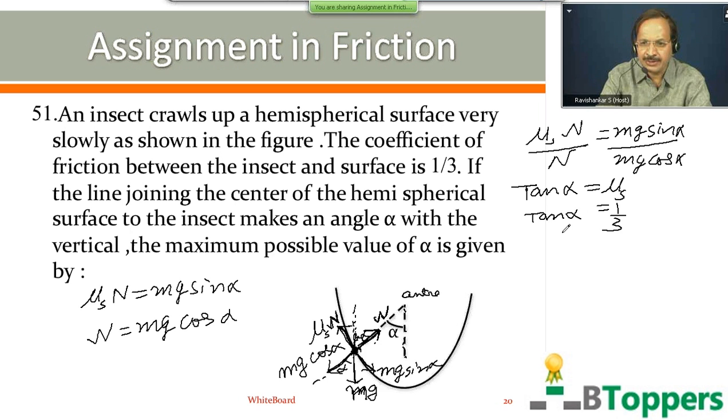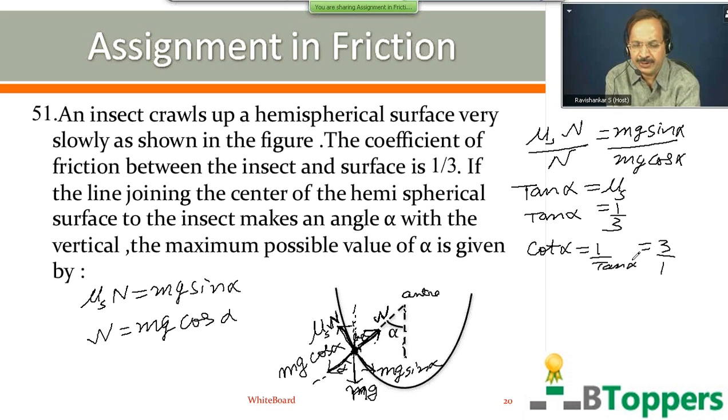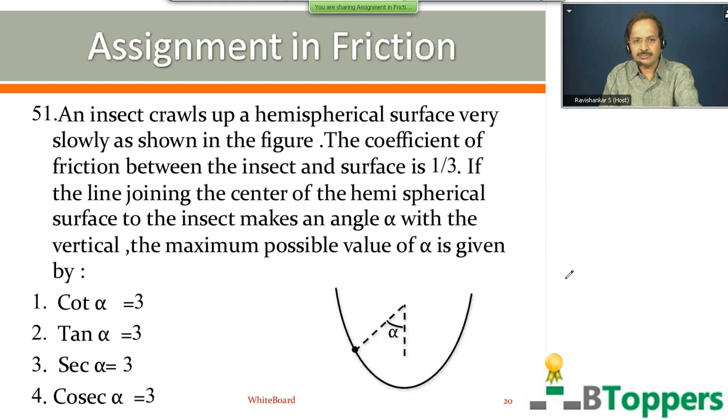So tan alpha is 1 by 3. Cot alpha is the reciprocal of tan alpha, so you get cot alpha equal to 3 by 1. That's the answer. Copy down the solution of this question. In case you need more time to copy the solution, you can pause and take your own time. So for question number 51, the first option is the answer.